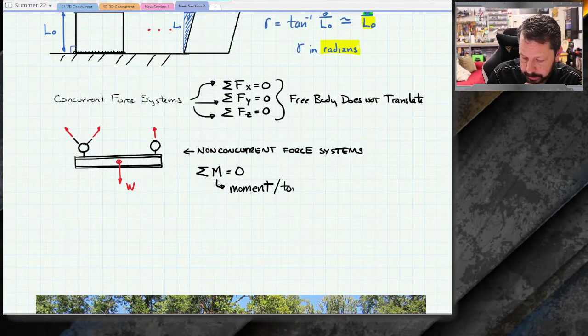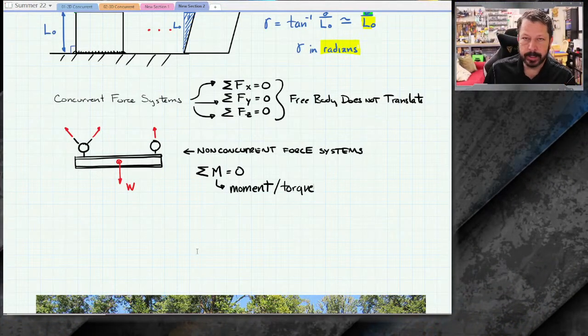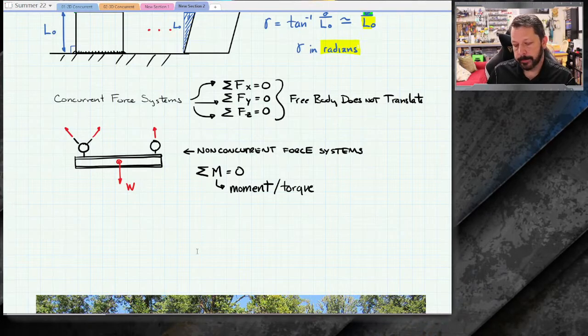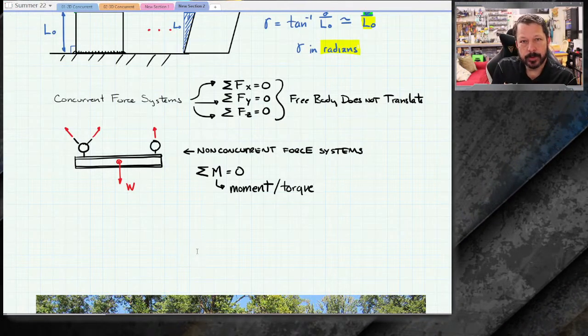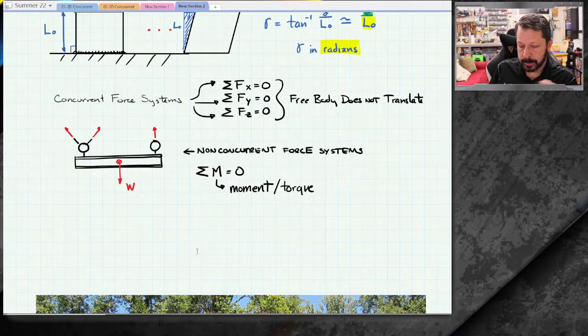If you're thinking of this from a physics point of view, they just do torques. Everything's a torque. But from an engineering point of view, we kind of reserve torques for a very particular thing and moments as a more general thing.